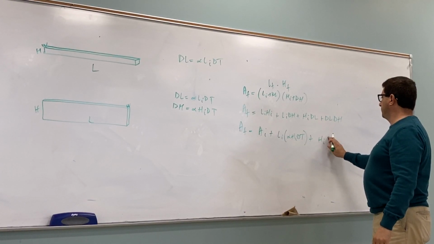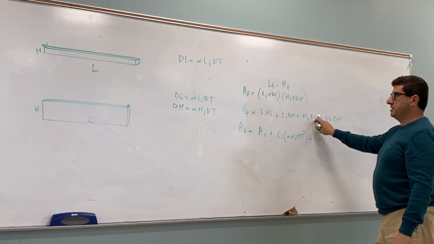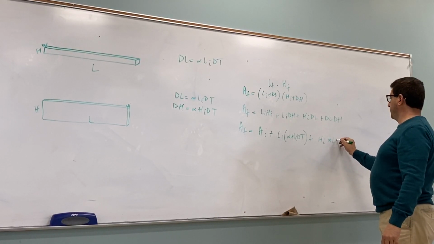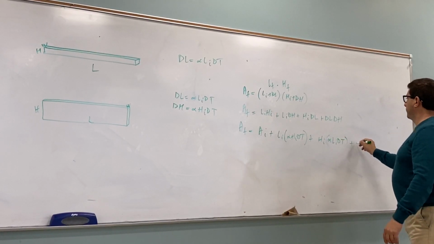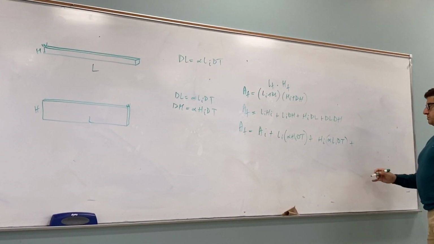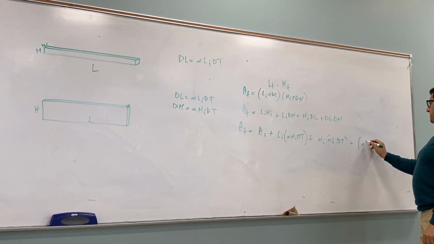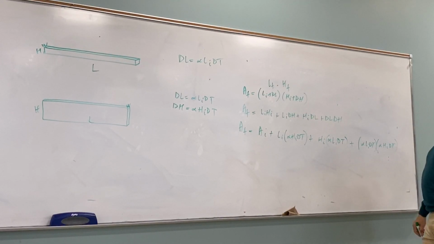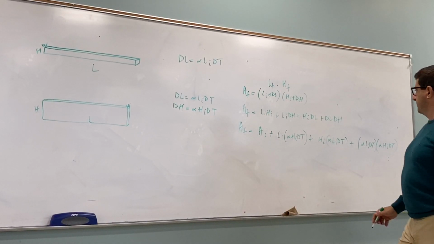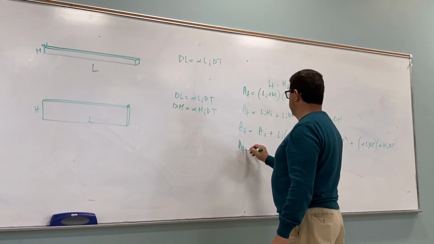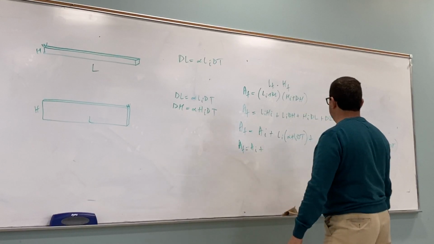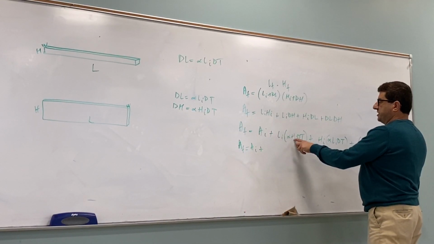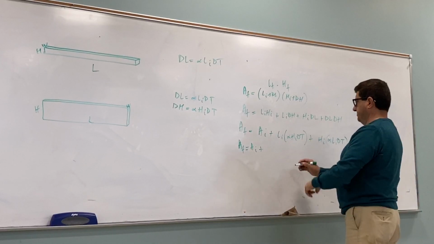Then H initial delta T, delta L is going to be alpha L initial delta T plus delta L delta H. So then you're going to have alpha L initial delta T, alpha H initial delta T. Okay, so then you're going to have your A final is A initial plus, well, L initial H initial is the initial area.